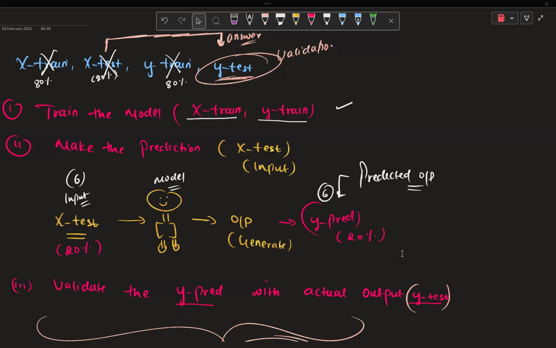Now we need to validate at the third step. We need to validate whether the output which we got is correct or not, with the actual output, which is nothing but Y test.